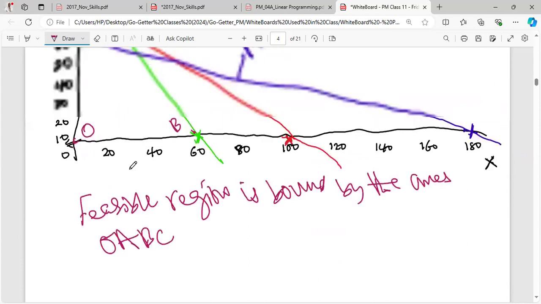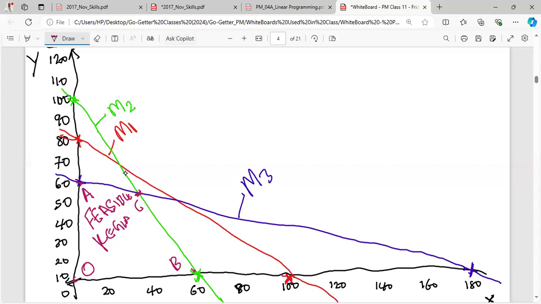If you want to color it, feel free. We can decide that we want to shade our feasible region. Feel free to shade. So your feasible region is going to be all of this side.